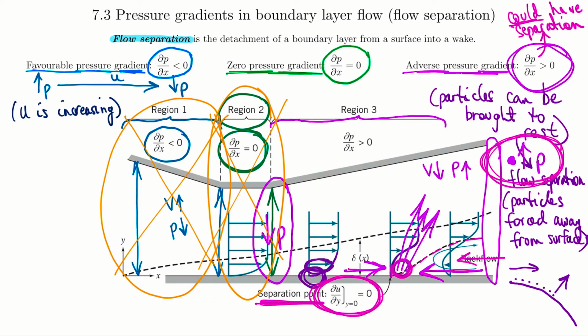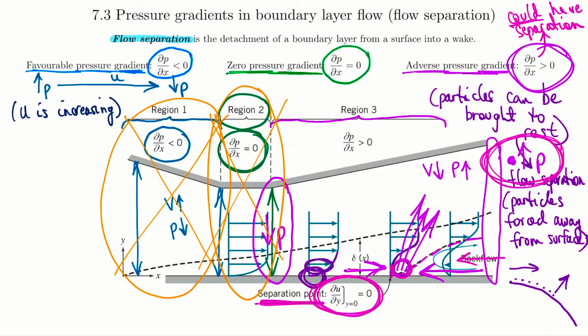That's called separation. You have this dashed line right in there, you're getting backflow or vortices, and you're not getting any of the flow sticking against the surface anymore, helping change the surface forces that we rely upon the flow for, particularly for lift. So that's exactly what is going on, and that's why we can have separation in region 3.